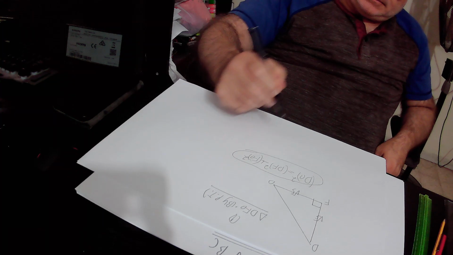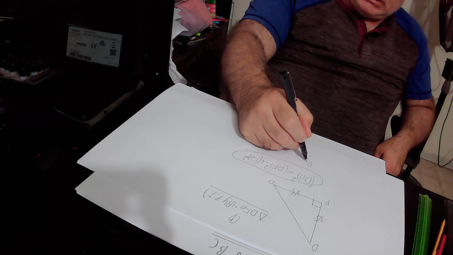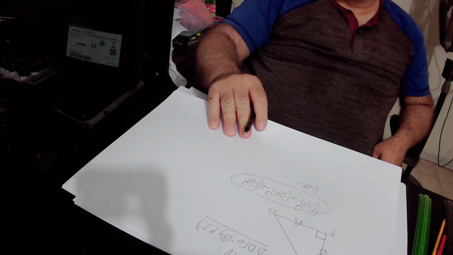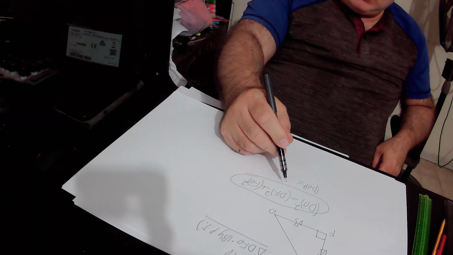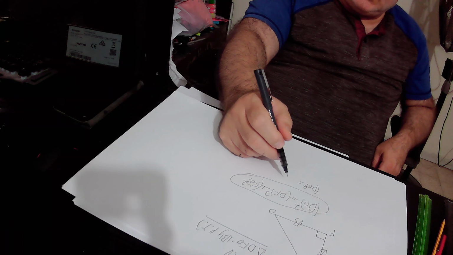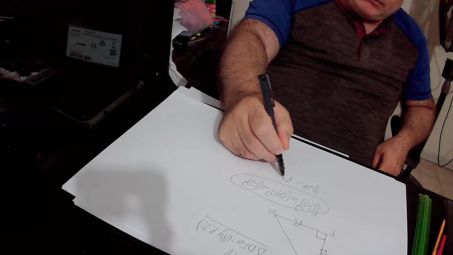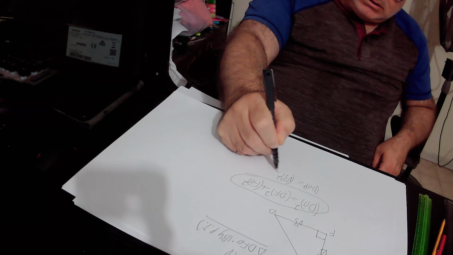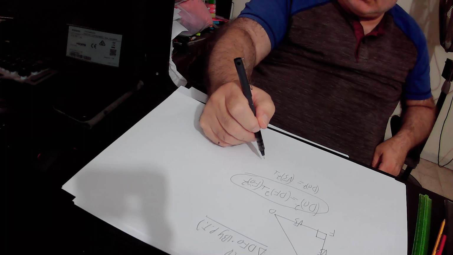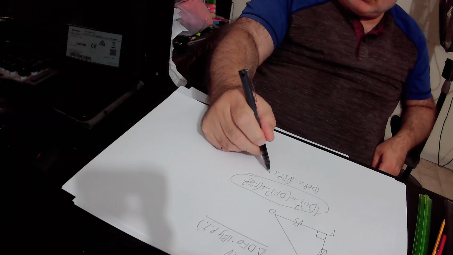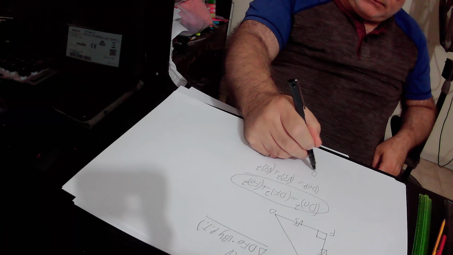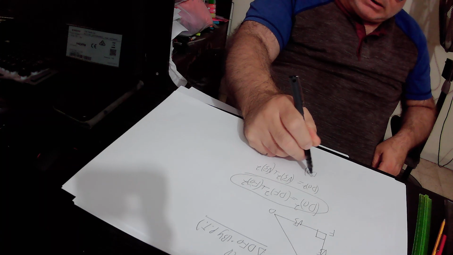Okay? So DO square equals DF square. DF equals the square root of 5 units, and therefore DF square equals the square root of 5 squared, plus FO square. FO also equals the square root of 5, therefore FO square is the square root of 5 squared. The square root of 5 squared is of course 5.